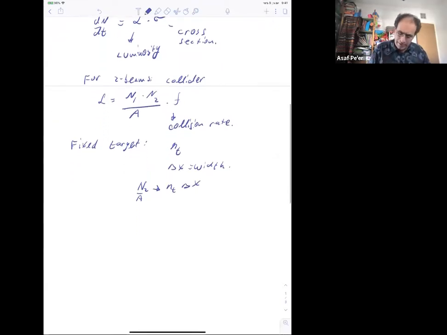So the luminosity is just N, the number of particles that are accelerated, times NT delta x times F, or N times rho times NA over MA times delta x times F.